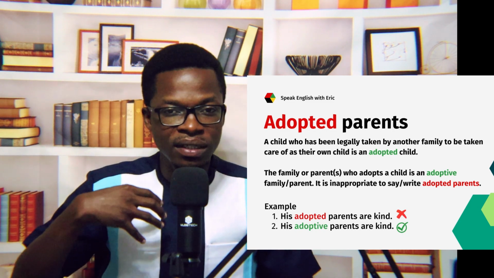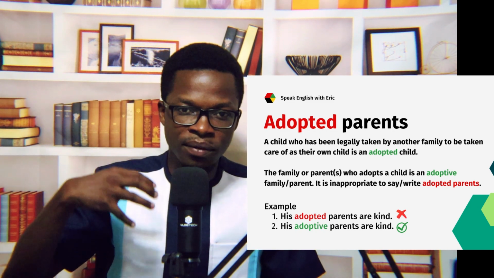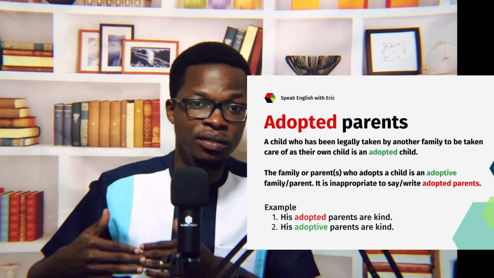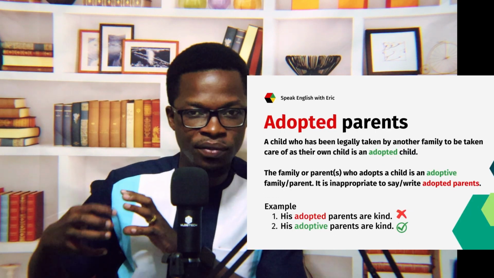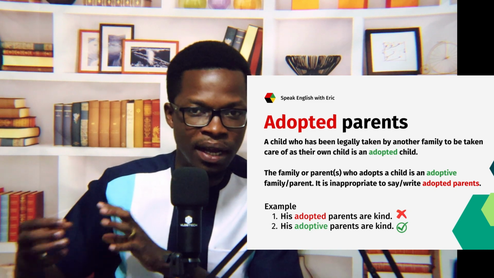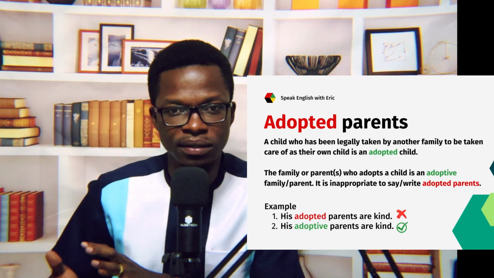And then if someone is adoptive, it means that you relate to the person but through adoption. So the parents who are adopting the child are adoptive parents. They are not adopted parents. So let's get the difference so that we would enhance our communication wherever we use these expressions.